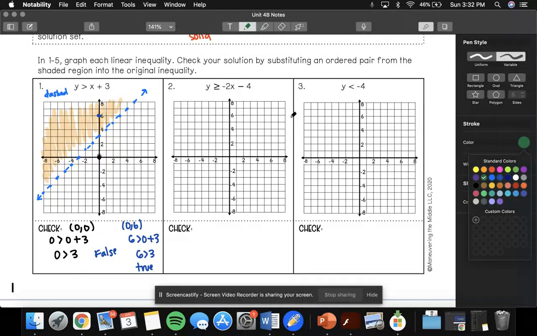All right, for the next one, y is greater than or equal to -2x minus 4. Again, I'm just going to graph it like normal. Start at -4, go down 2, right 1, then go backwards. Then I think of this symbol right here. It says greater than or equal to, so it's including, so I'm going to use a solid line.